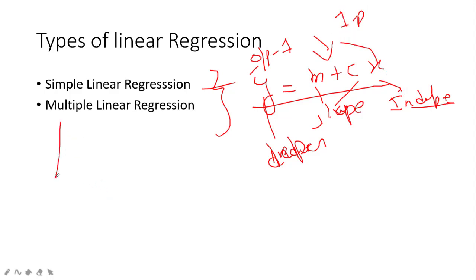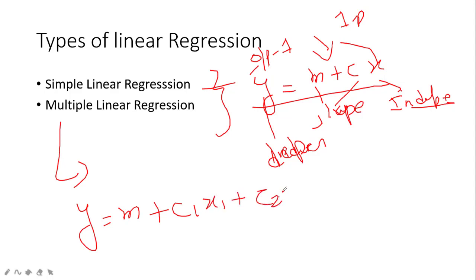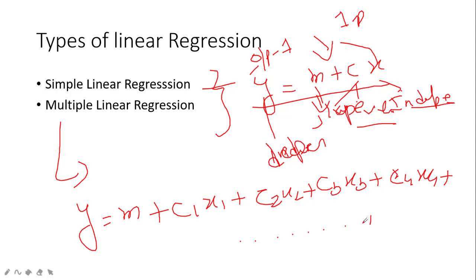When it comes to multiple regression, y equals m plus c1 x1 plus c2 x2 plus c3 x3 plus c4 x4 plus, and so on, up to cn xn.